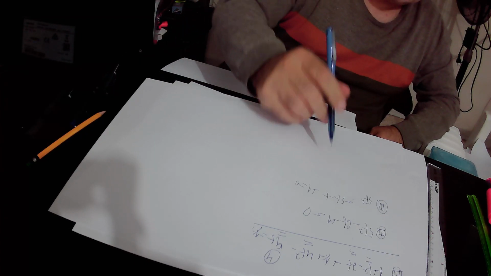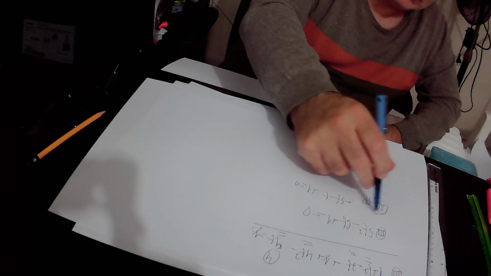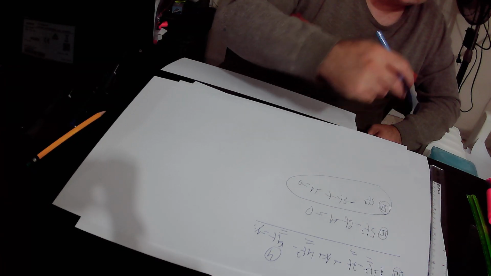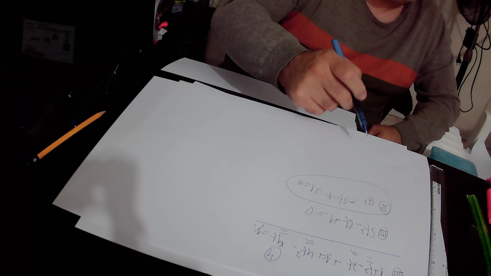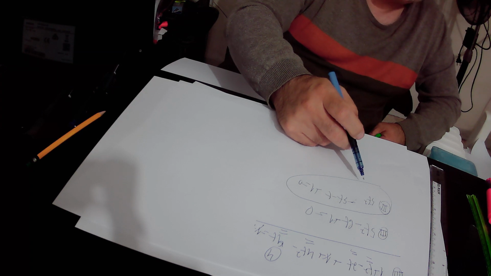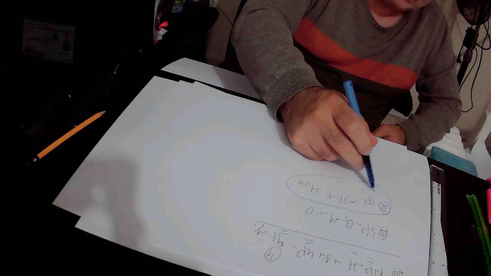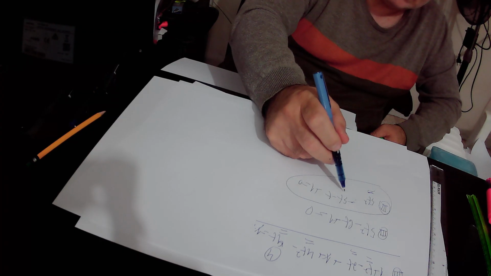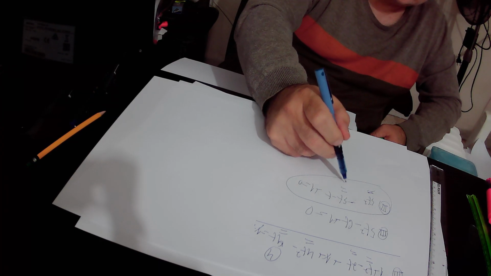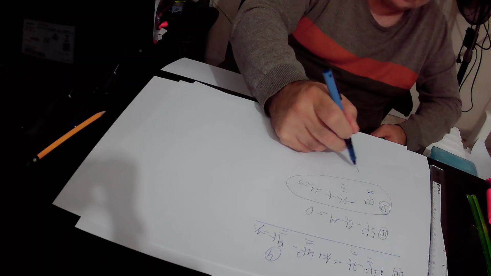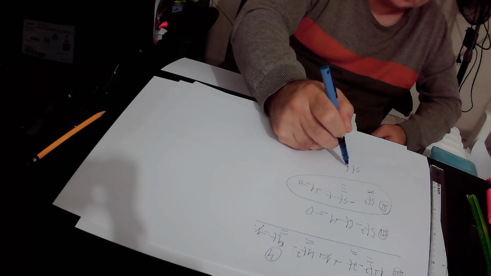In the next step, we'll take out 5t as a common factor from 5t squared and from minus 5t. So 5t is a common factor from those two expressions.